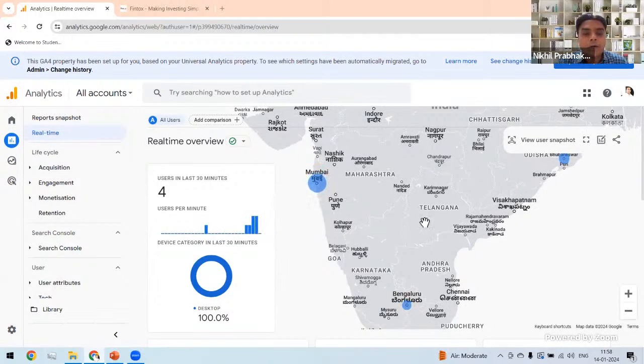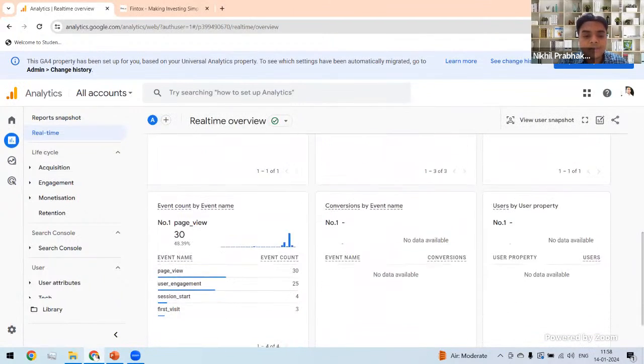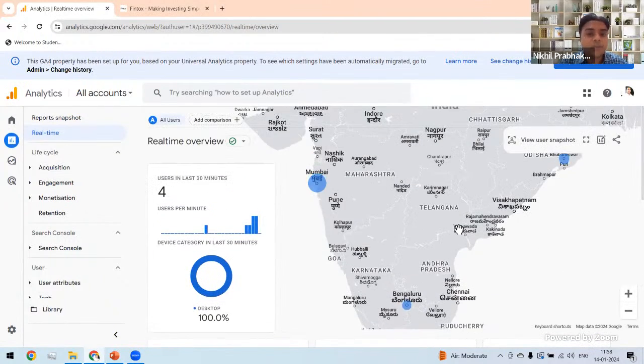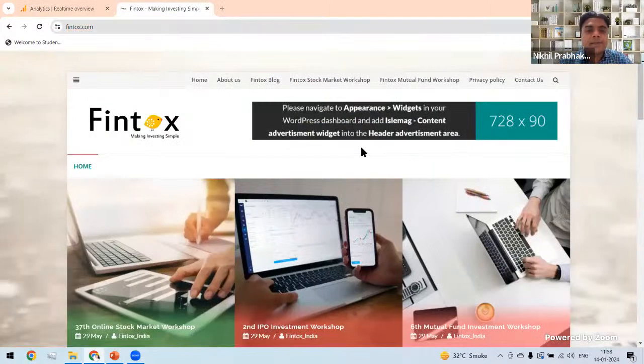Now, similarly, think of a global context, a global business, and you're getting to see which country people are coming from, how much traffic there is from which country, which location. That comes as a part of the real-time report. Now, how is this happening? What you need to know about any website is that there is a programming language behind any website, which is HTML, hypertext markup language, which I think all of us know about.